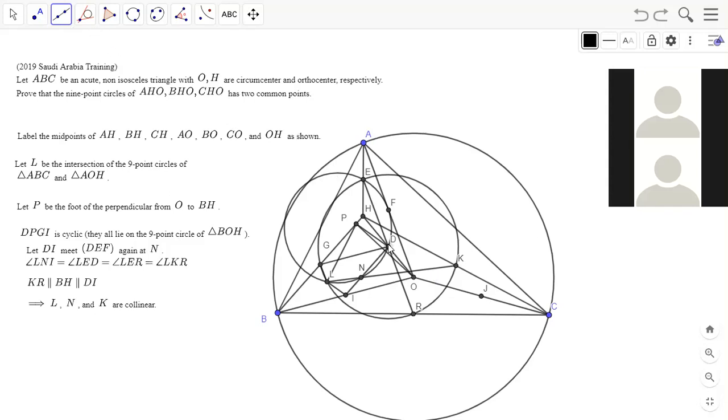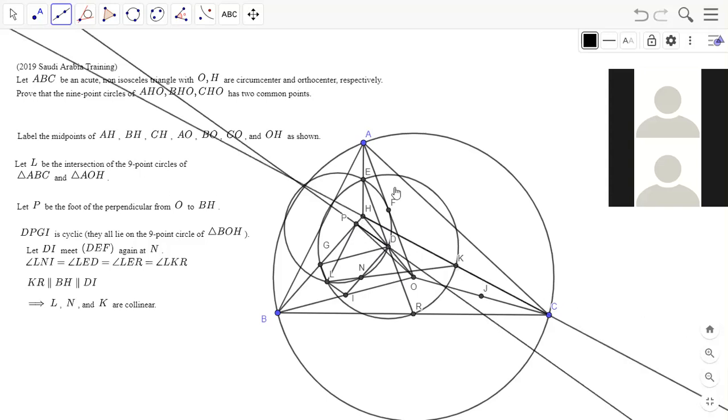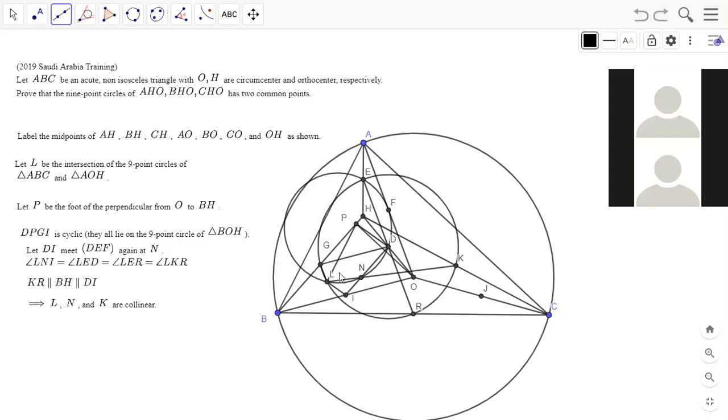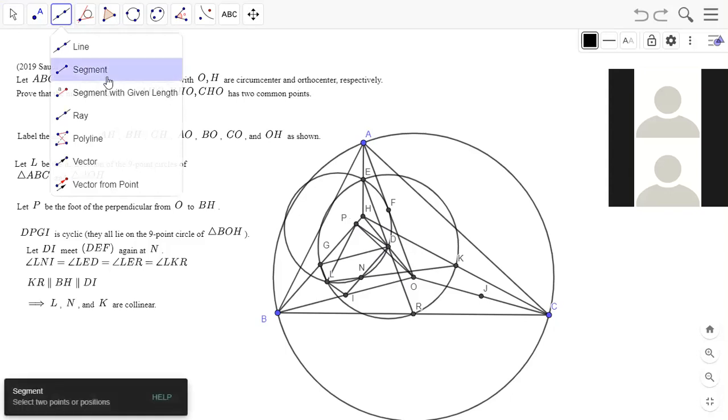Let me try something here. So we could also use that KG is parallel to BC, right? We've never used that.